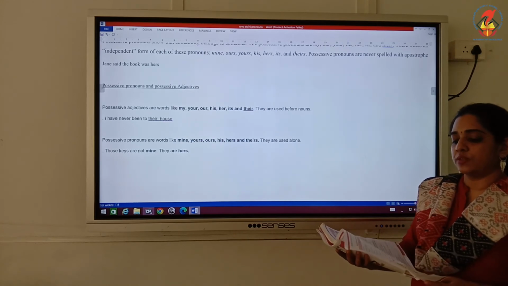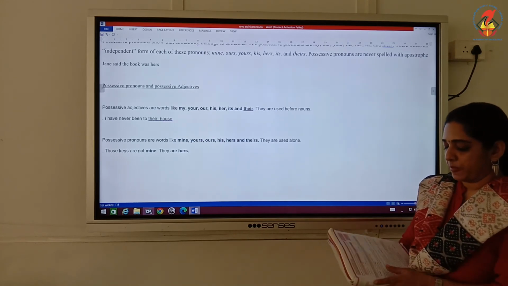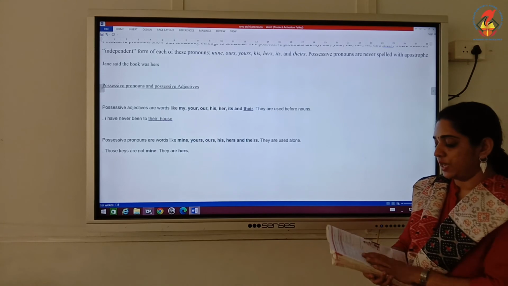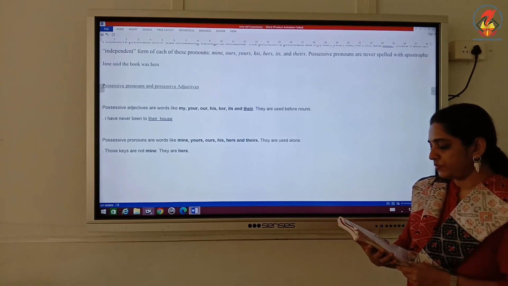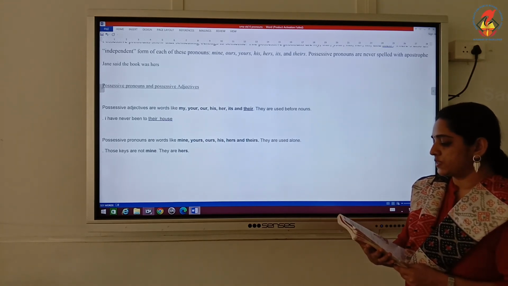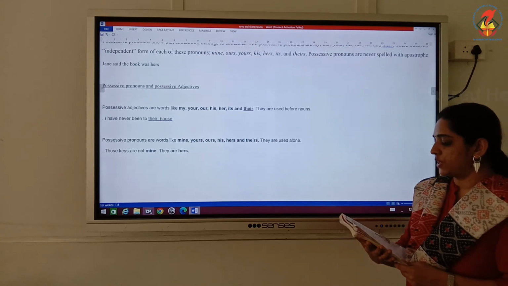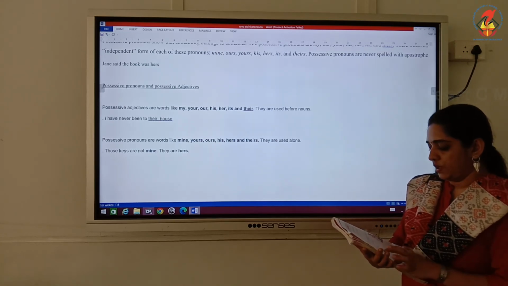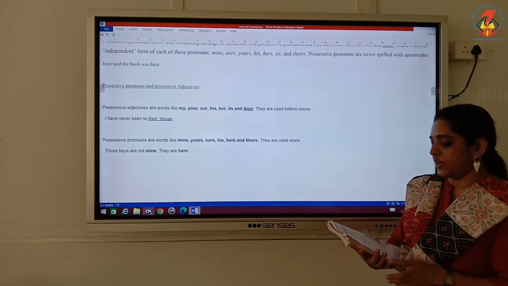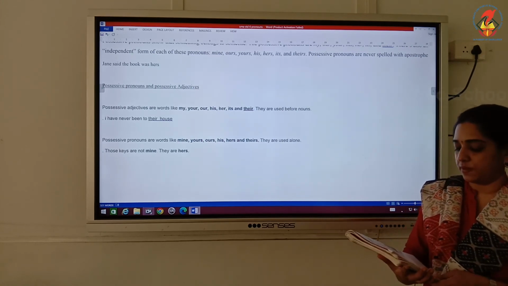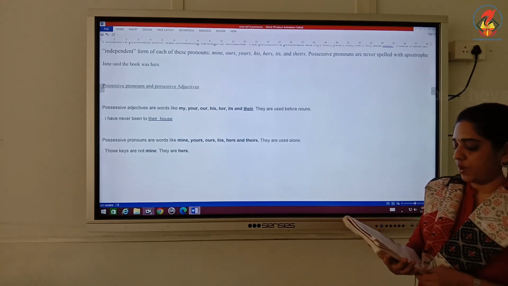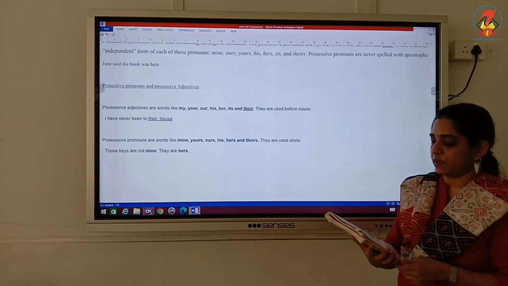We are moving with exercise C, page number 38. Here also first person, second person, third person, gender is given in the box. Now exercise C, fill in the blanks with I or me. First one, give me something to eat.